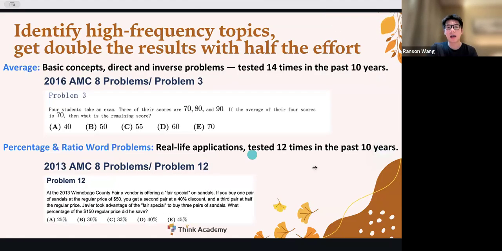Some other things, like the average number, are also tested 14 times in the past 10 years. So from here, you can see how important it is. For example, the percentage and ratio word problems, the word problems combining ratio, percentage and proportions, were tested 12 times in the past 10 years.